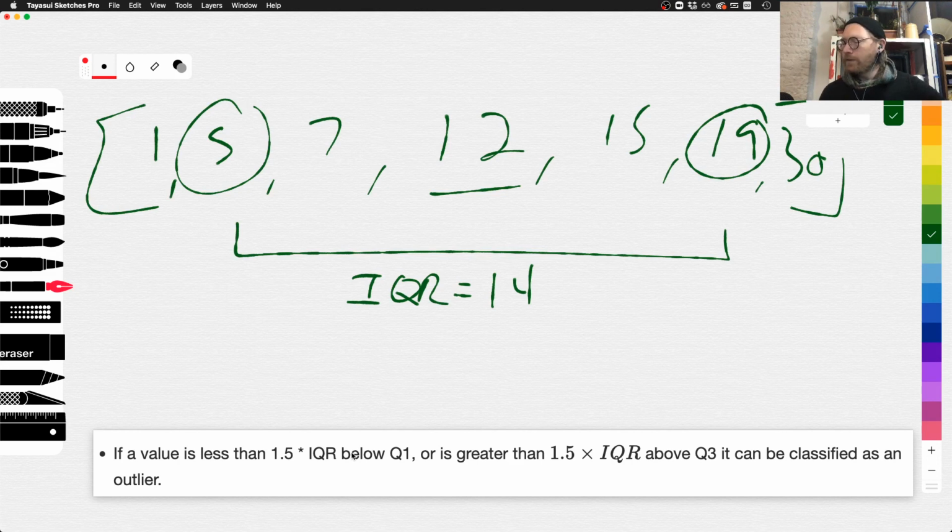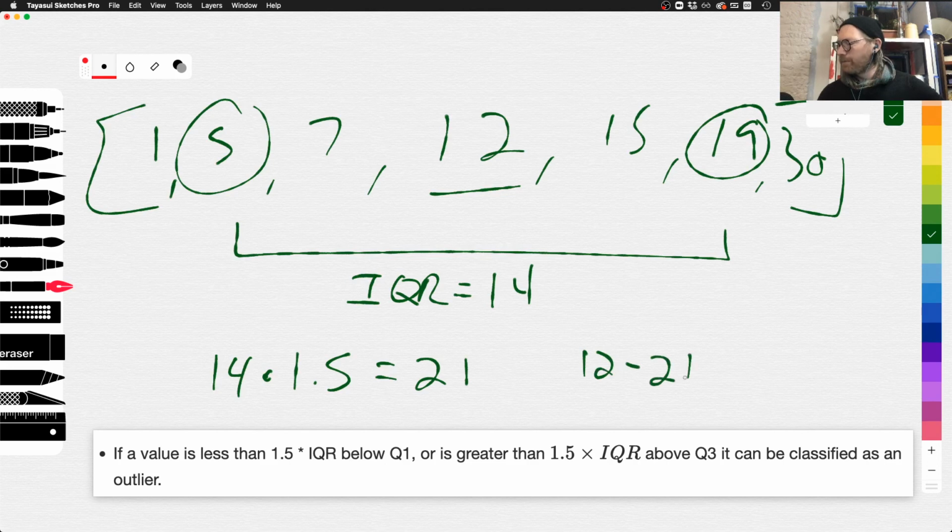So we could take 1. We can ask the question, is 1 an outlier? And we can do 14 times 1.5, right, which is 21. And we can go 12 minus 21. And we ask the question, is 1 less than 12 minus 21?